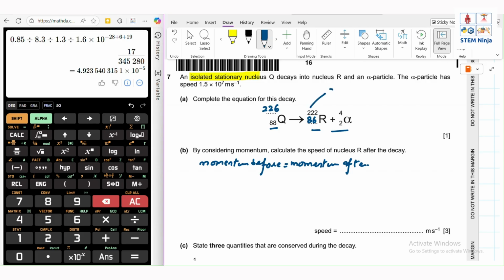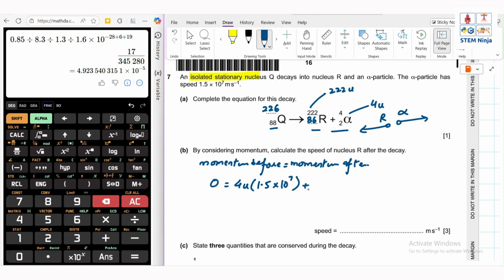So this has 222 u mass and this has 4 u mass, atomic mass unit basically. So momentum before is 0, but momentum after, so both objects are moving opposite to each other. So for example, if alpha we are taking it, this one will be R. So alpha, so 4u times by speed is given as 1.5 times 10 raised to power 7.